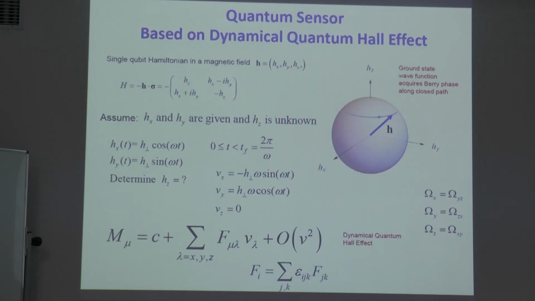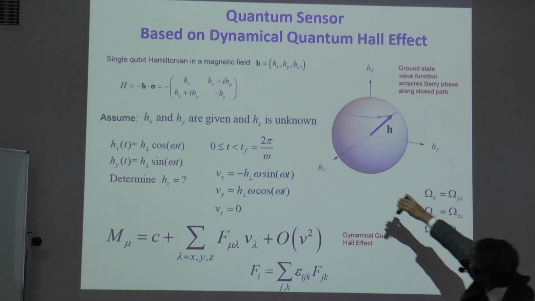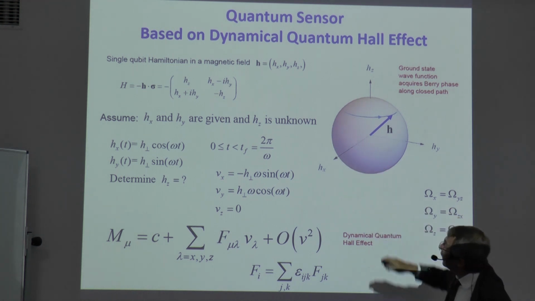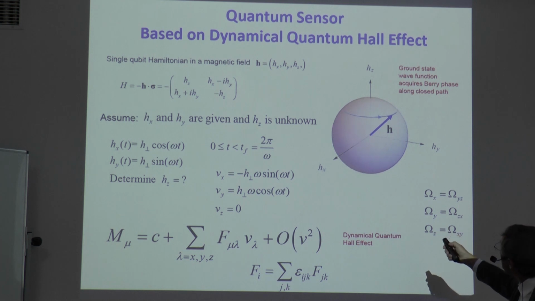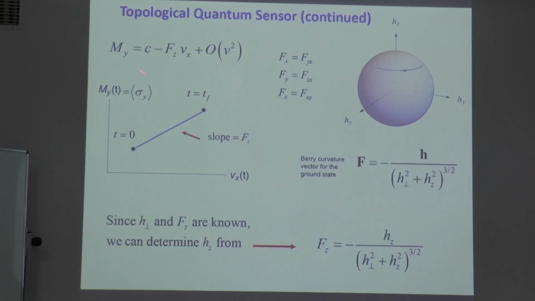So here's an example where I can just move the field along X. This is showing movement in a circle, but if I move it just along X, I can derive the following formula.